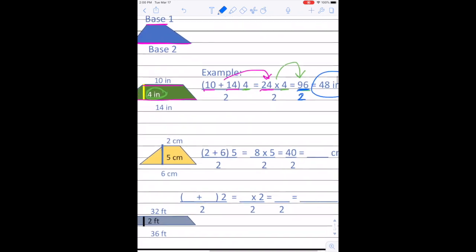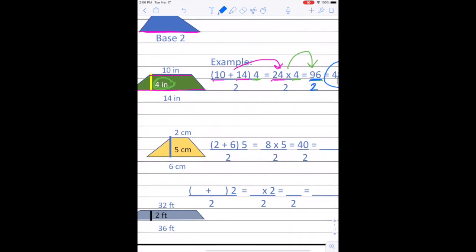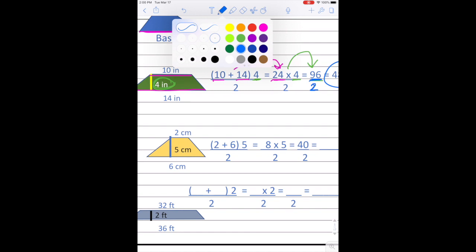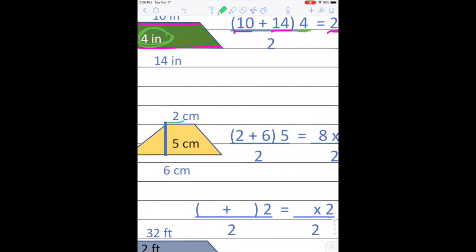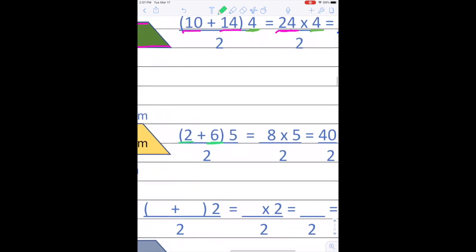I'm going to help you a little bit more on this one because it is trickier of the 3. So again here, I have my base 1, which is 2, plus my base 2, which is 6. If I have 2 plus 6, I have 8.